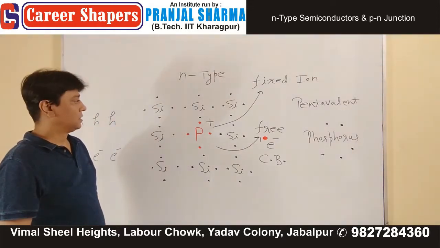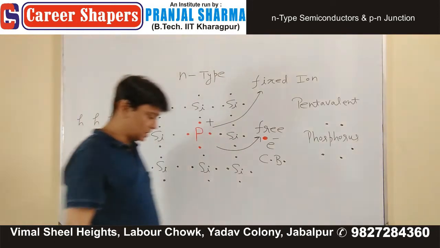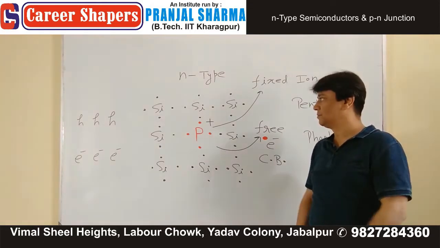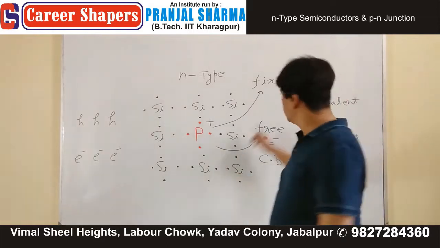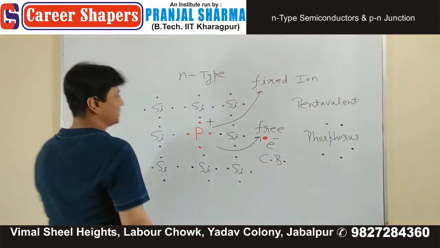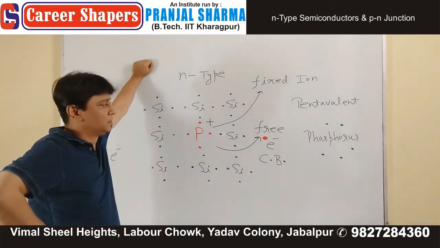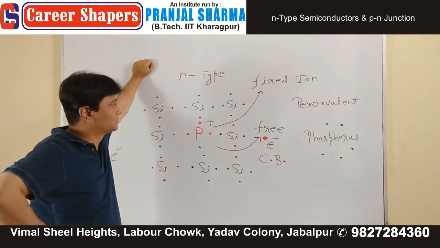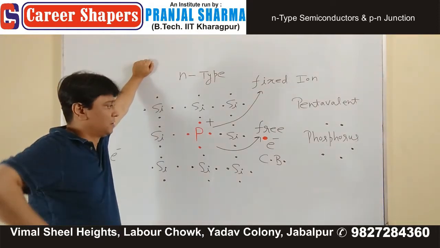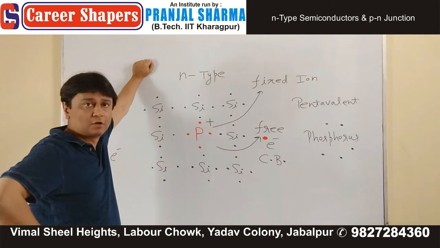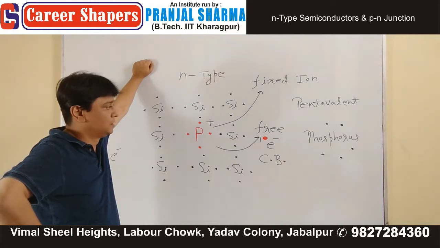When in an intrinsic semiconductor, that is pure semiconductor crystal, a pentavalent impurity is doped, inserted, for example phosphorus, then it has 5 electrons in its valence shell.